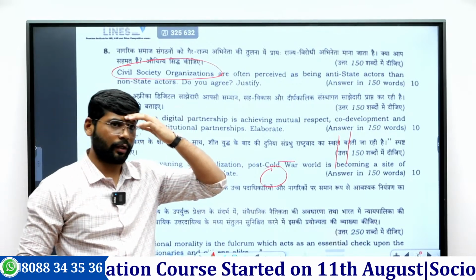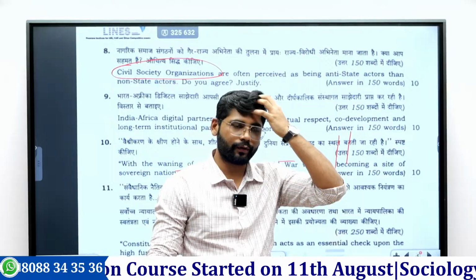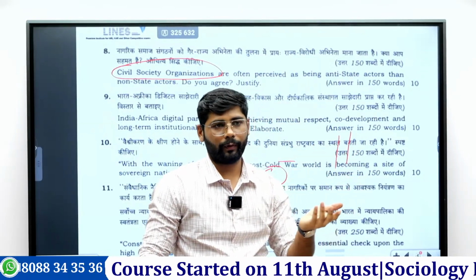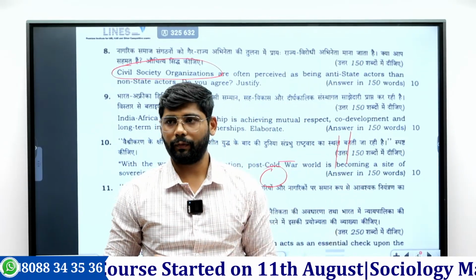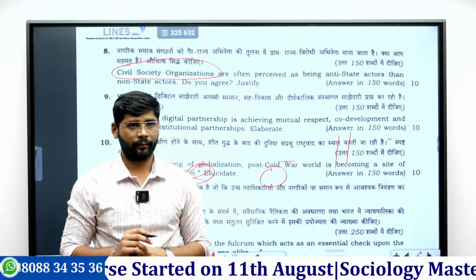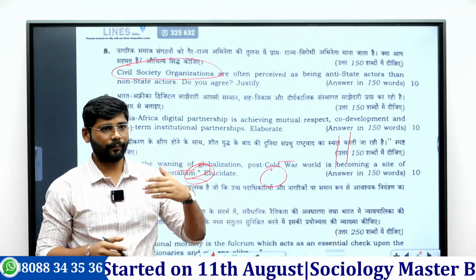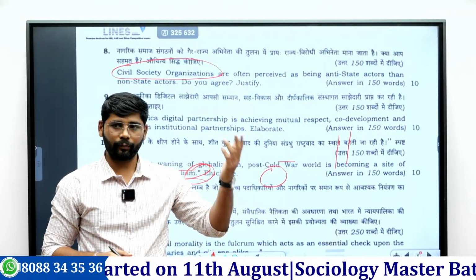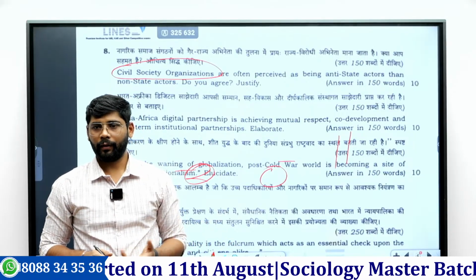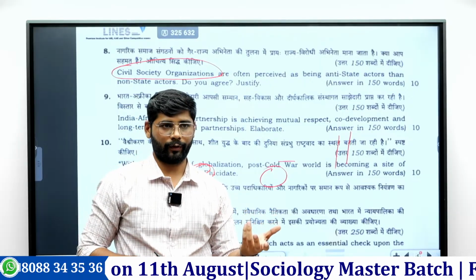Why is it mentioned? Because if you see the last 2 years, many NGOs have had their permission to accept grants from other nations cancelled. Under the FCRA Act, which gives permission to accept donations from other countries, sometimes the donation is used against government policies.